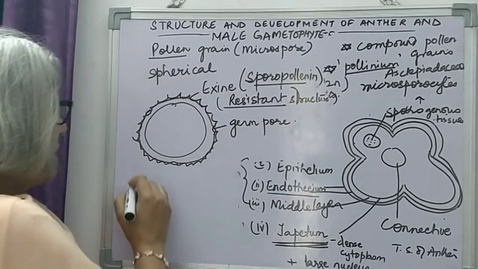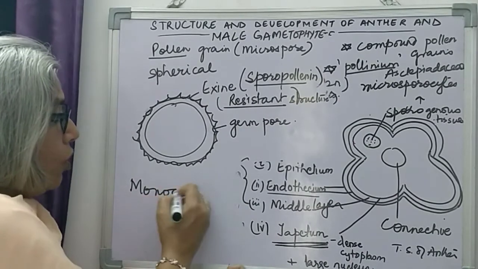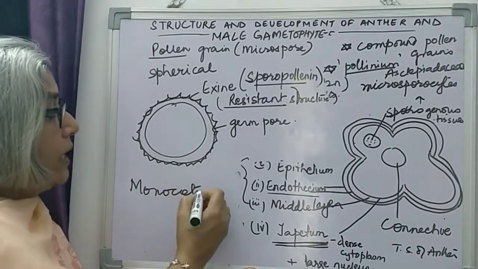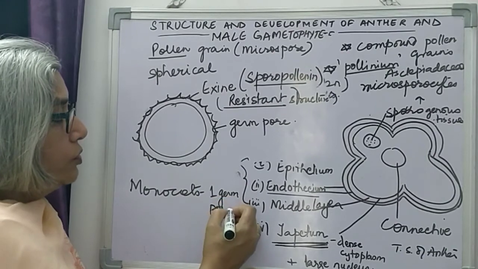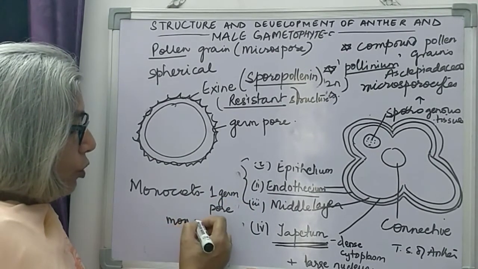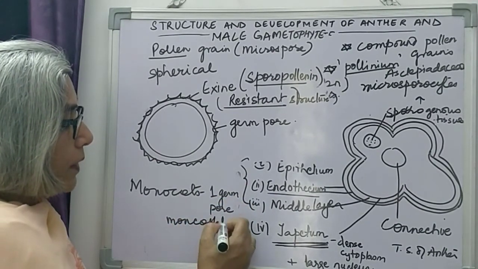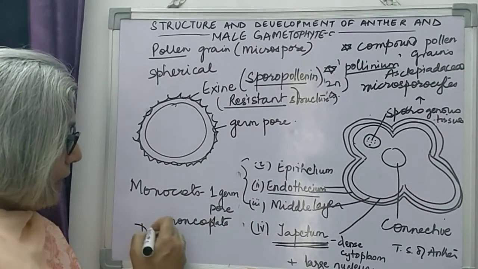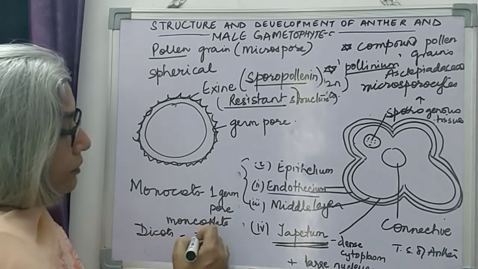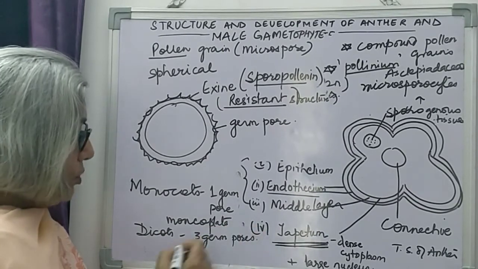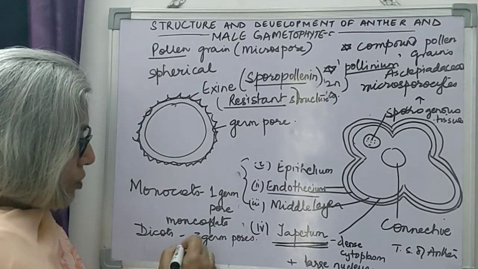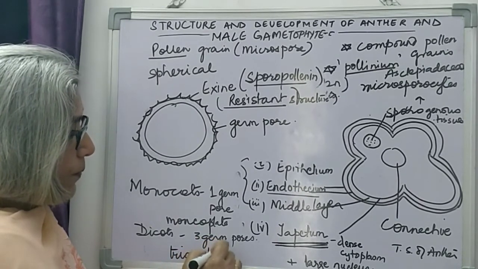Now it has been seen that in monocots, there is just one germ pore. So we use the term monoporate for this. And in dicots, usually 3 germ pores are present, so it is called triporate.